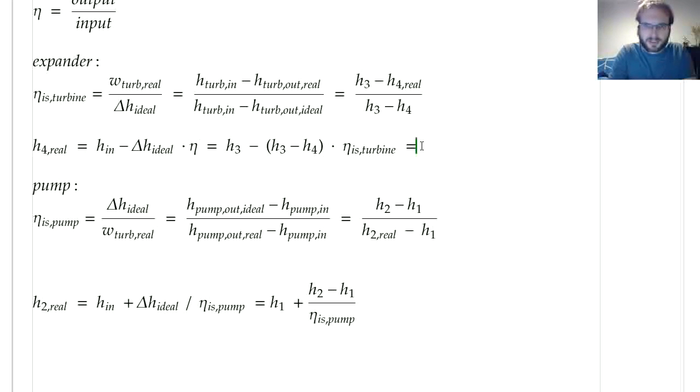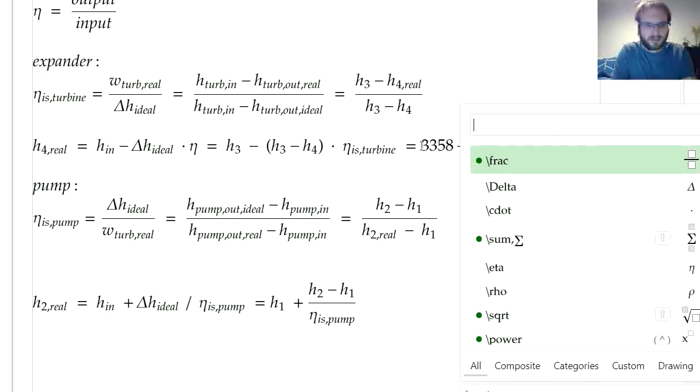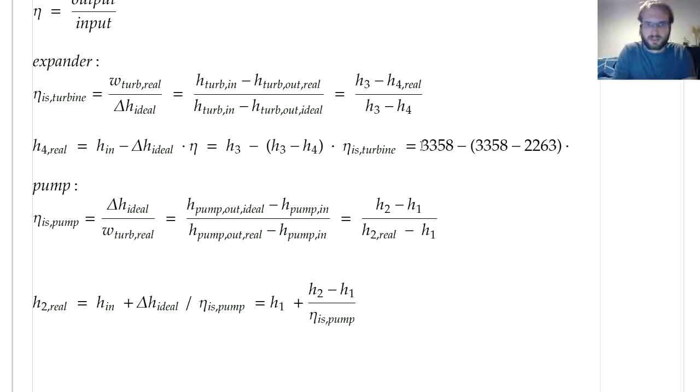So for the expansion, the enthalpy at the turbine inlet, H3, is 3358 kilojoules per kilogram, and minus again, 3358 minus ideal enthalpy at the turbine outlet, which is 2263, multiplied by the efficiency of the turbine, which was 90%, 0.9.